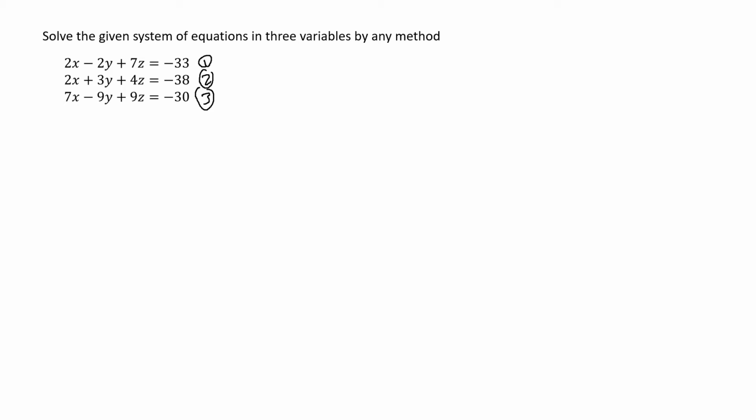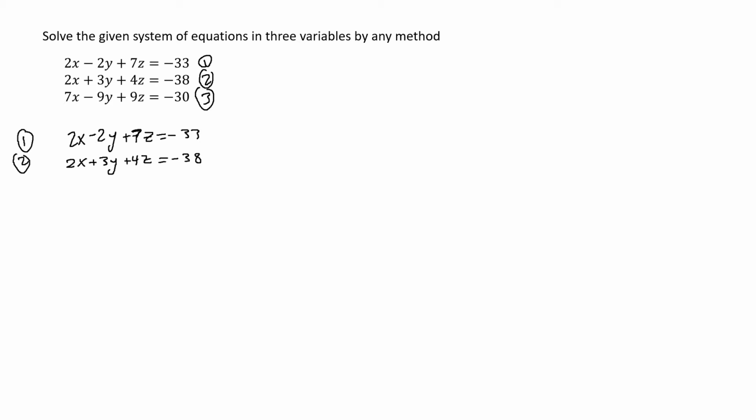First, I'm going to take the first equation and the second equation. 2x minus 2y plus 7z is equal to negative 33. The second equation is 2x plus 3y plus 4z is equal to negative 38.